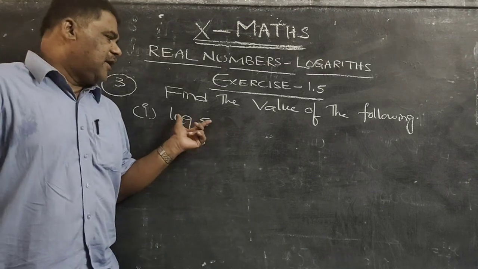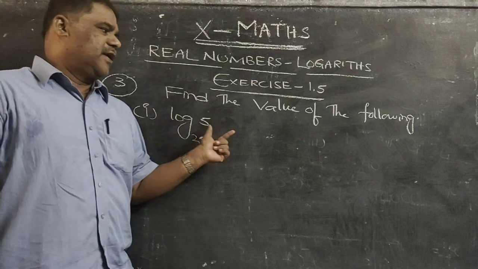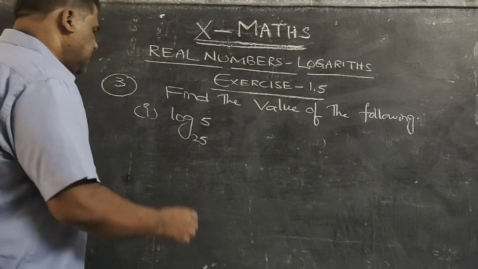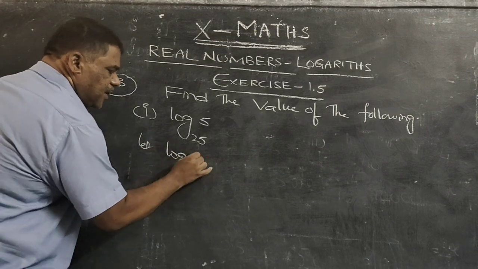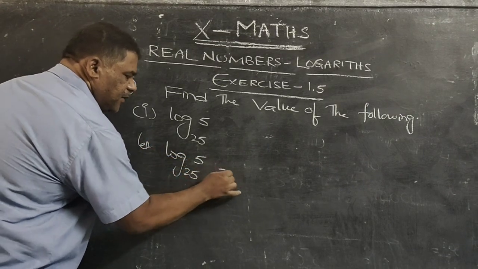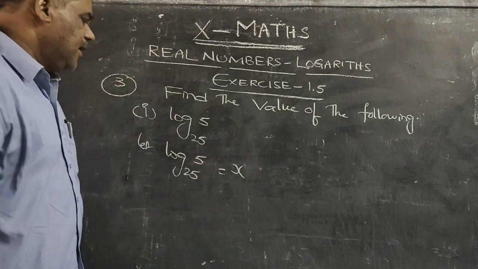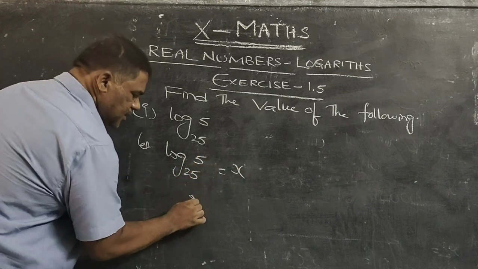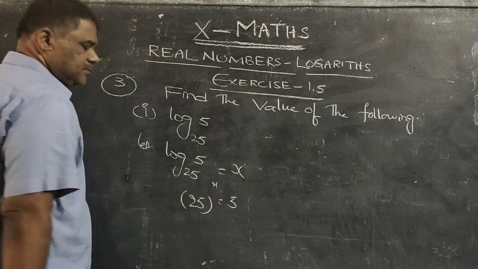To find the value of this logarithmic form, there are two methods. So we are going to learn two methods for this problem. In the first method, you suppose the given problem log 5 base 25 as x. When you remove logarithm, 5 comes here, x goes there. 25 to the power x is equal to 5.